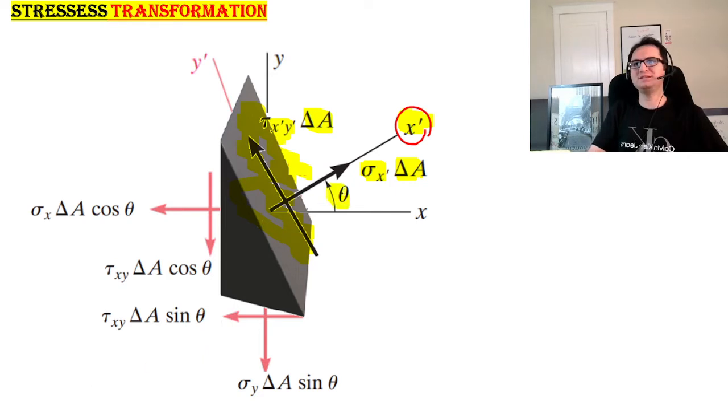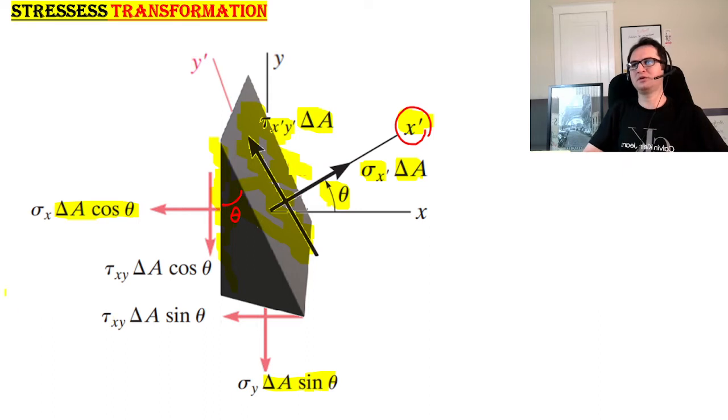If this is theta, one can easily say this is theta too. Let's see the translation of just the plane. If this is delta A, this would be delta A sine of theta due to this angle, and the other area over here is delta A cosine of theta.